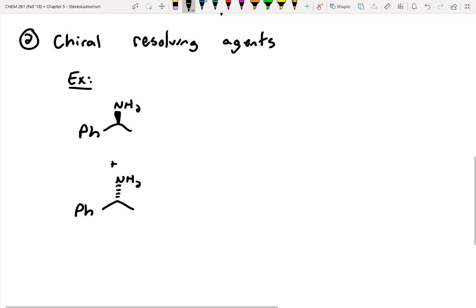So you've got an option. What you can do is use a natural chiral source to basically help out with this process. So I'll show you a common one. Oh, shoot. Let me move this down. So this is a carboxylic acid.